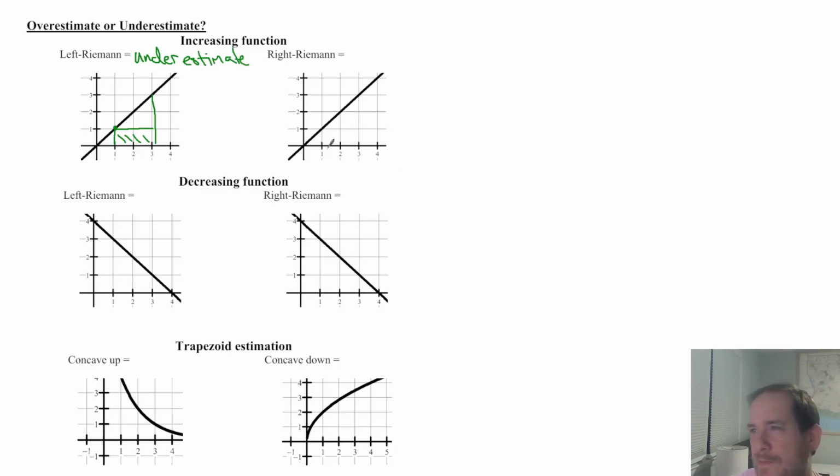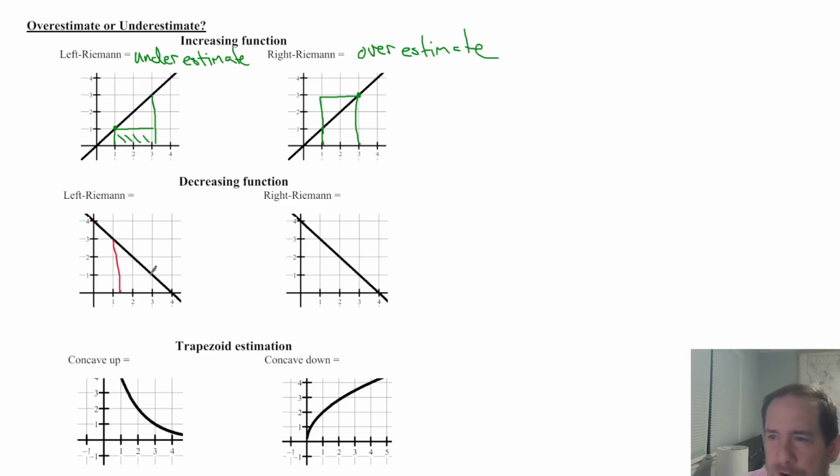All right, and then the same logic applies over here. If we were going from 1 to 3, but this time we're using right-hand Riemann sums, then that's going to be the higher side, and we're going to be getting an overestimate. Same thing again here, really.